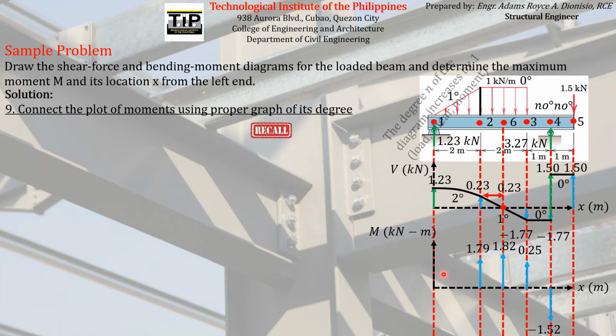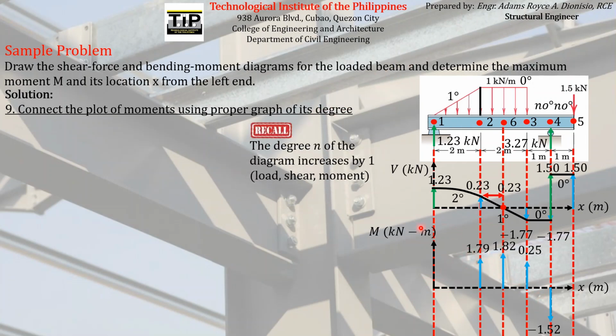The degree of the curve connecting these 2 points on the bending moment diagram must be 1 degree higher than the degree of the curve on the shear force diagram. We can see that the degree of the curve on the shear force diagram between point 1 and point 2 is second degree. Therefore, the curve that must connect this point to this point on the bending moment diagram must be 1 degree higher, or third degree.